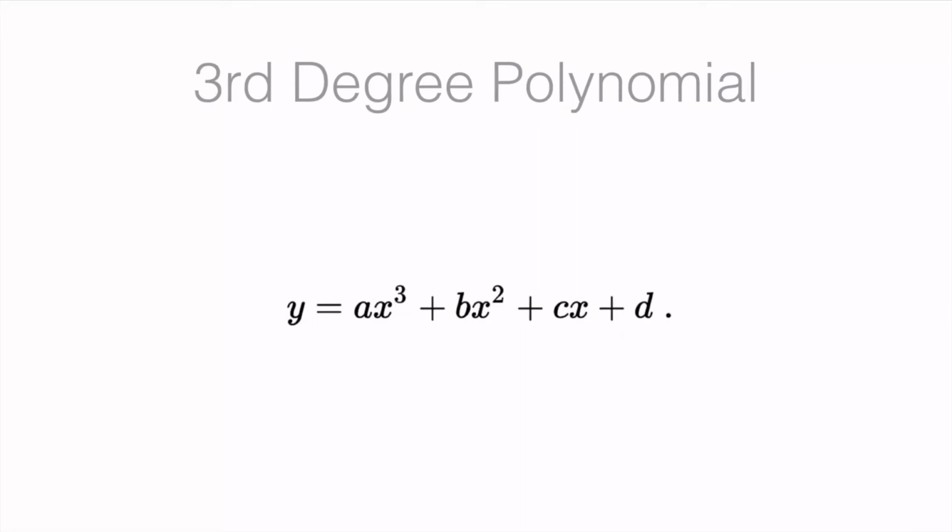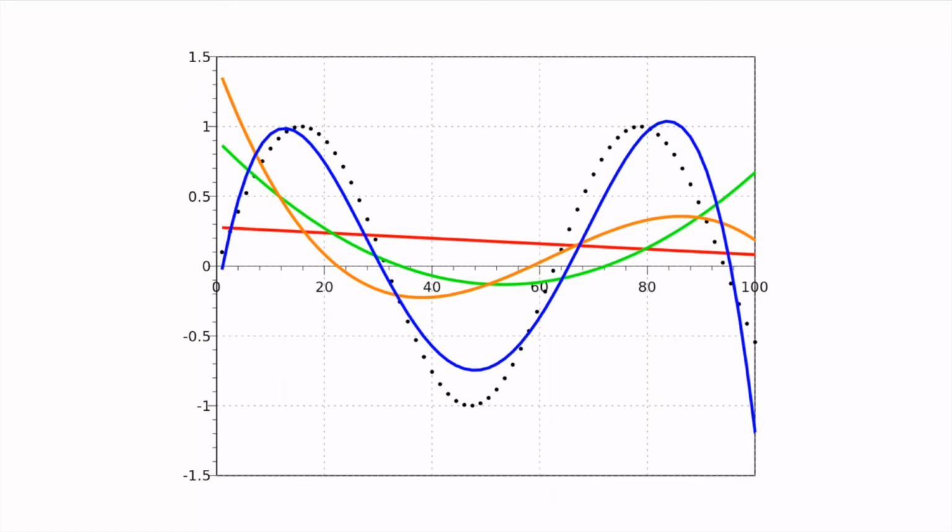Moving on, a third degree polynomial would look like ax cubed plus bx squared plus cx plus d. Similar process, where you have to find now the value of a, b, c, and d that fits your polynomial curve, right? So how do these look on the graph? Let's see this.